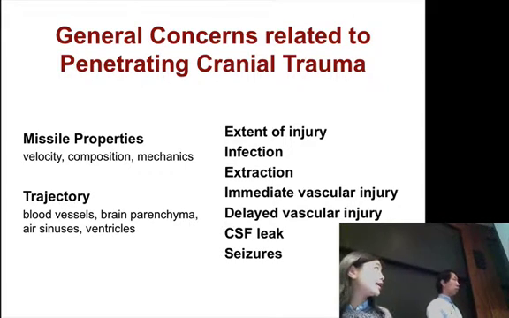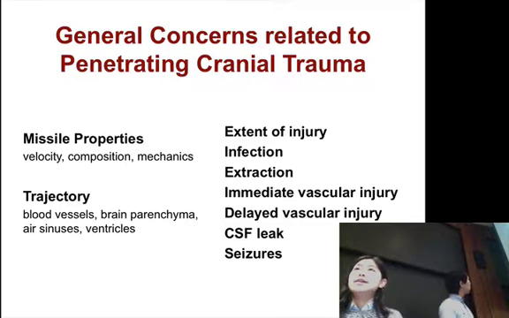From all these concerns, the doctors were able to determine the extent of the injury and whether there will be infection and how they're going to extract the nail, and whether there will be an immediate vascular injury or delayed vascular injury, including cerebrospinal fluid leak, which is a major risk for infection and also seizures.